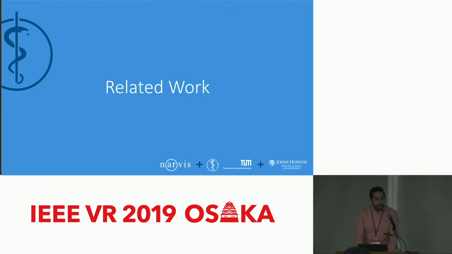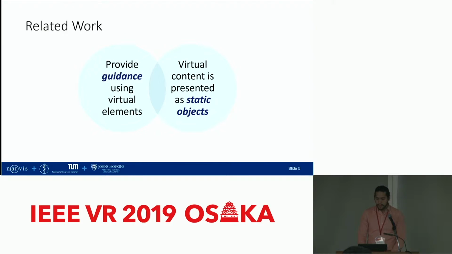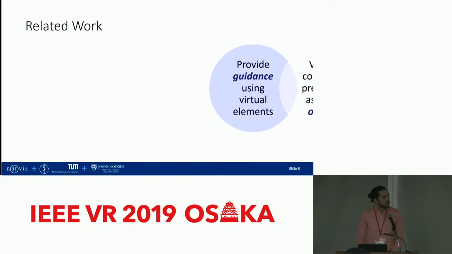The benefits of using augmented and virtual reality for object placement or alignment tasks have been explored widely before in many studies. And we can classify these studies based on two main approaches. The first one is those approaches that provide guidance using virtual elements.